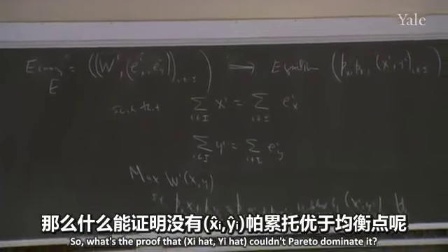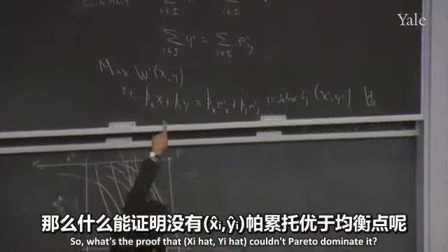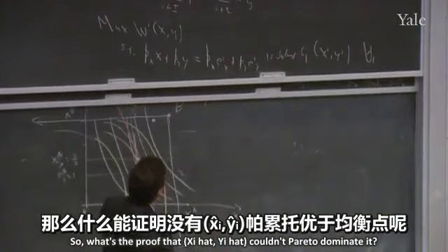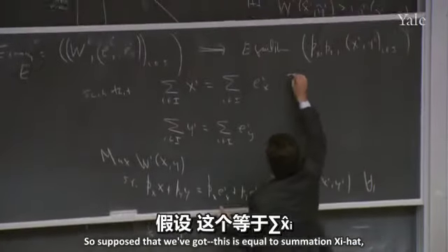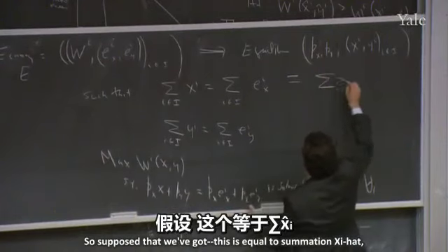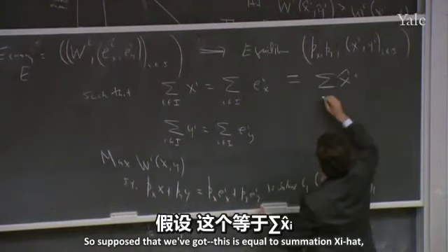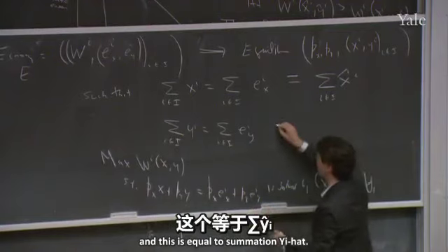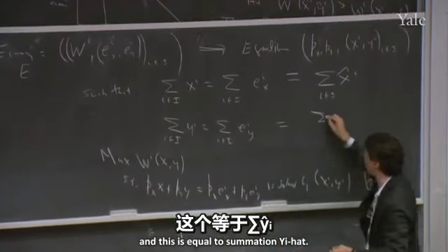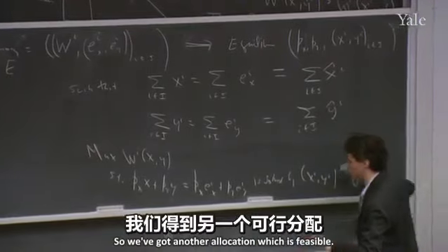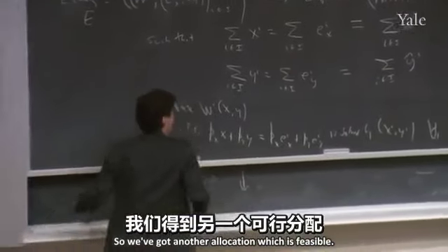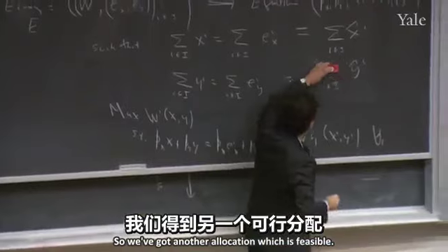So what's the proof that X hat, Y hat couldn't Pareto dominate it? Suppose we've got this equal to the summation of X hat i, and this equal to the summation of Y hat i. So we've got another allocation which is feasible.